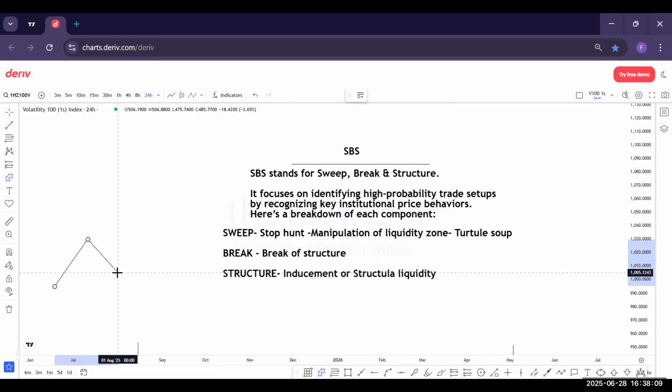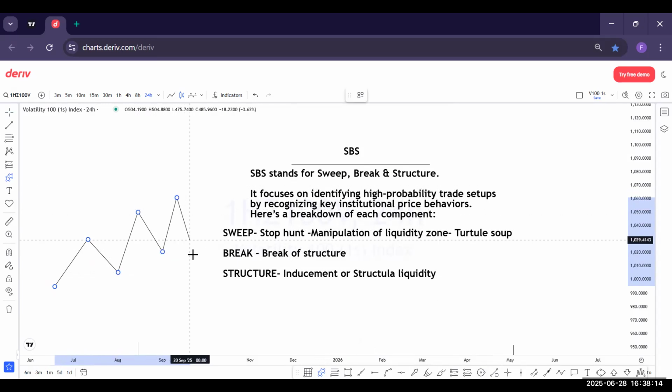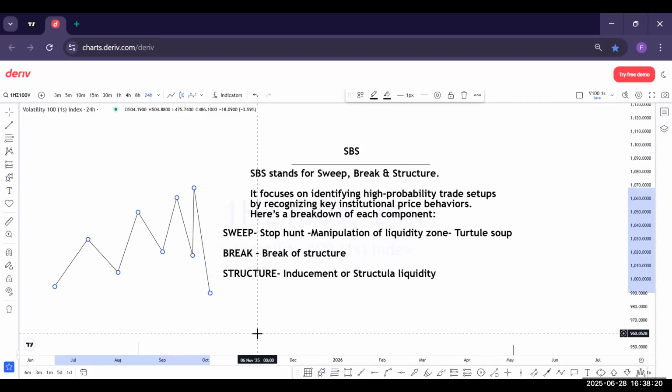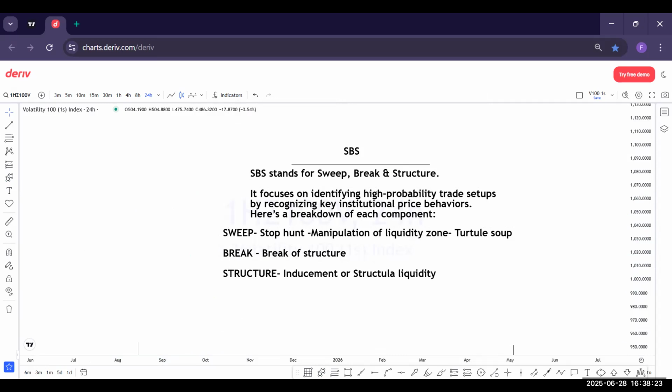Let's say price is breaking structure in the upward direction, just like we have here. We discover that price will sweep the buy side liquidity, which is the internal liquidity, and move in another direction, either upward or downward. It's a trap.